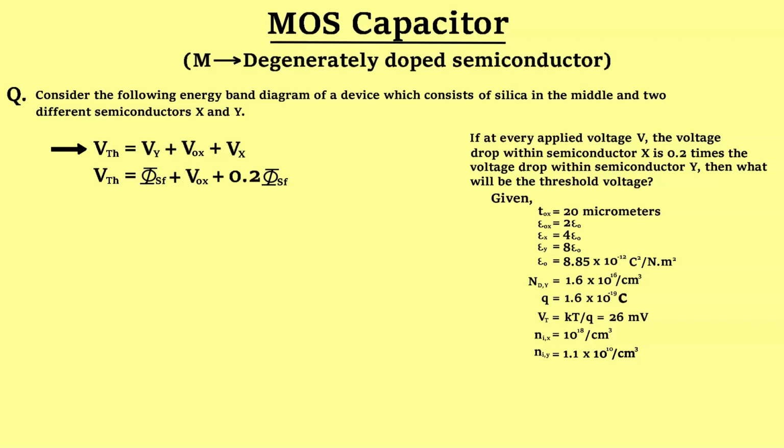But here, we can write the potential drop across semiconductor X as 0.2 times the surface potential. So, the threshold voltage will be equal to 1.2 times the surface potential plus the potential drop across the oxide.